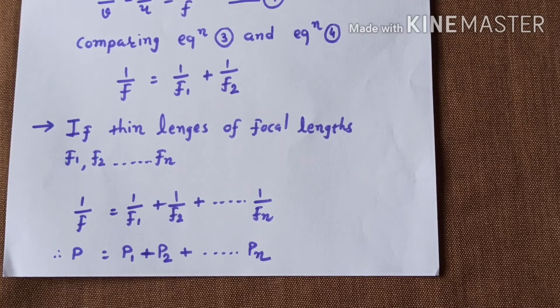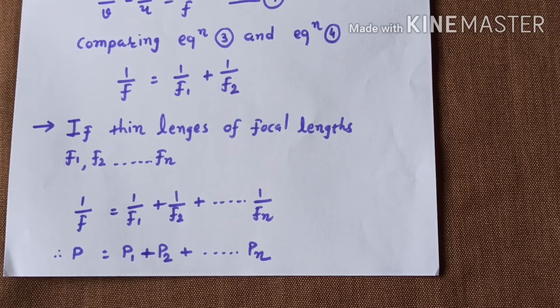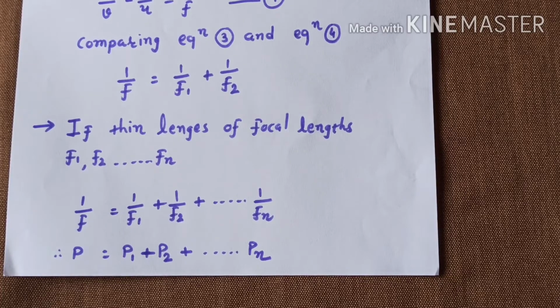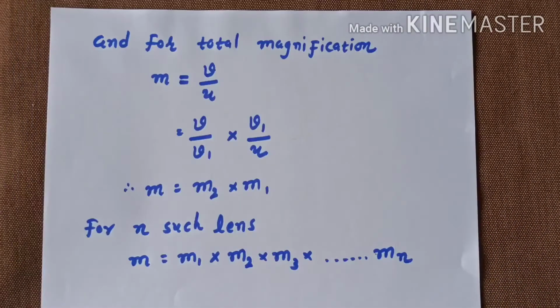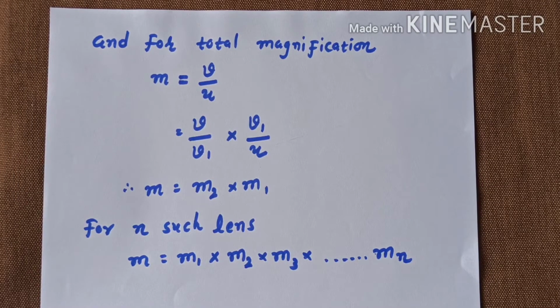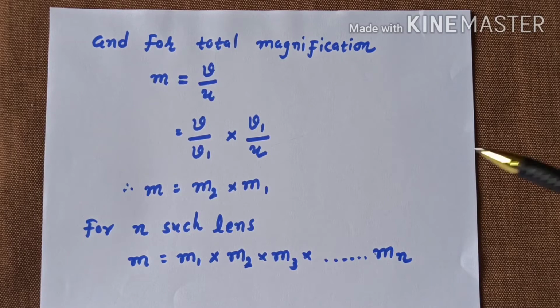And you know very well that power is the reciprocal of focal length. So here you will get power directly by addition. Total power you can get directly by addition of the power of each lens. So this is the relation for the power. Now what about the total magnification because of two lenses?